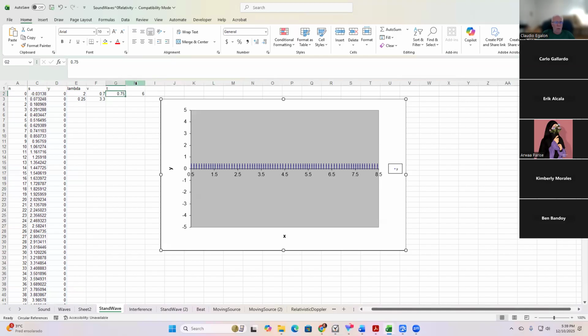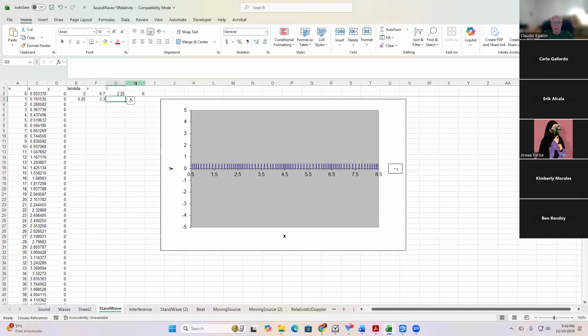But then as we go along, we start to see the nodes, the crests, and the rarefactions. And here you go, we got there again to the point.